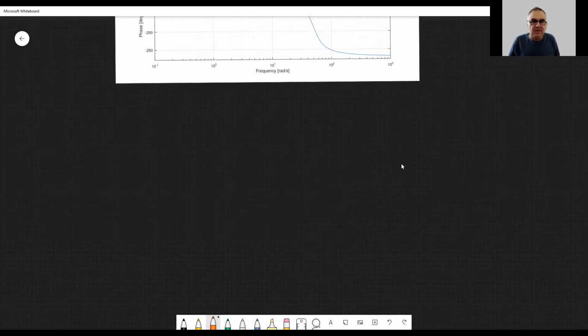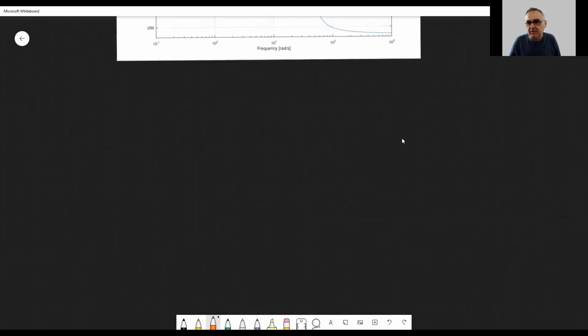But I'm trying to show the very basics here. So we more or less have an idea about what the Bode plots do. They represent a system in the frequency domain, the frequency response of a system.